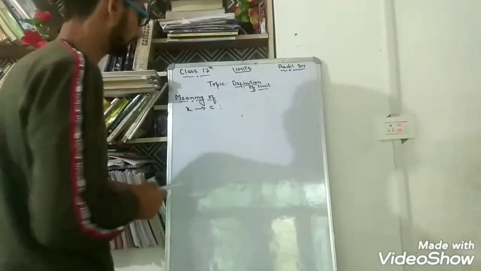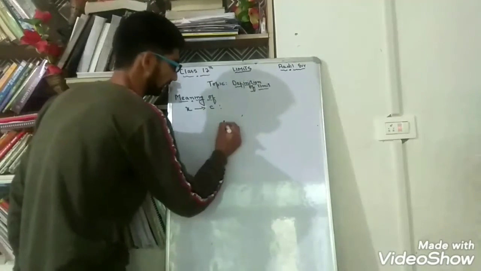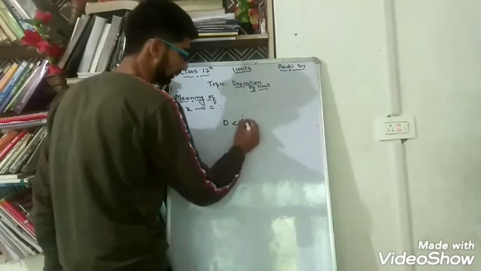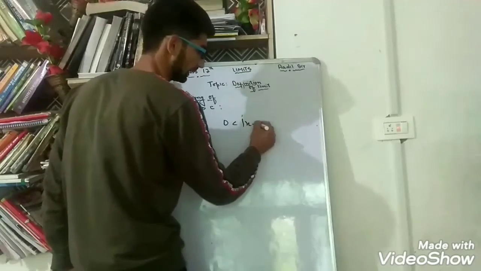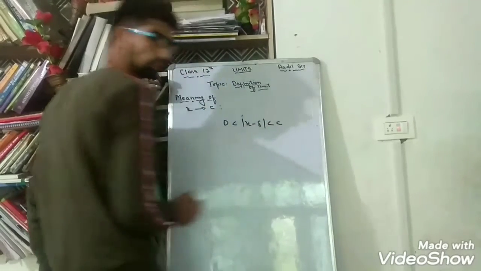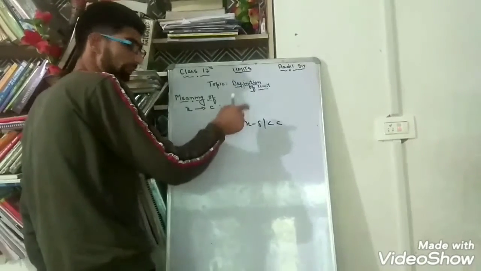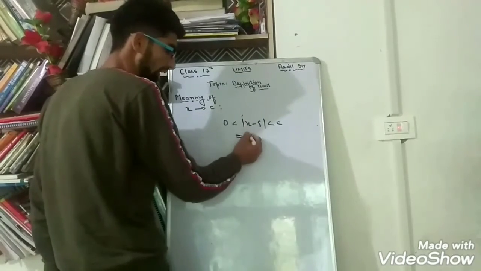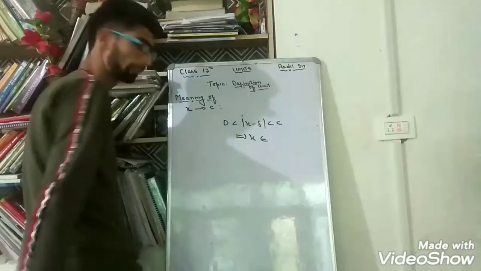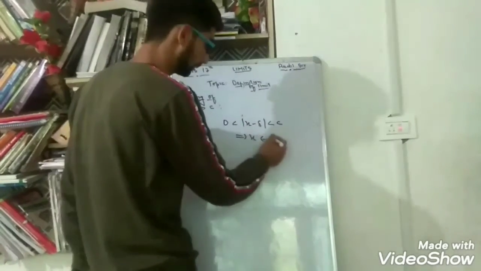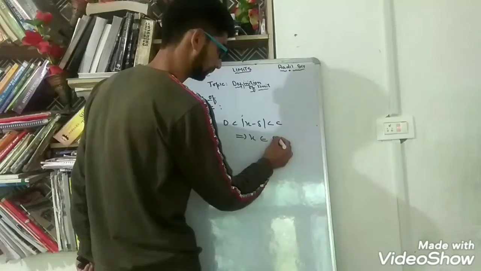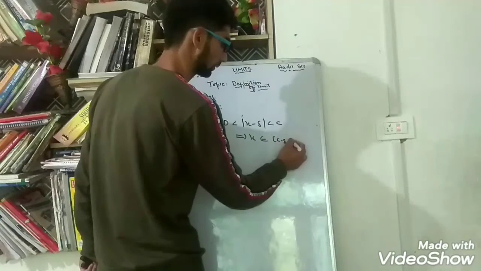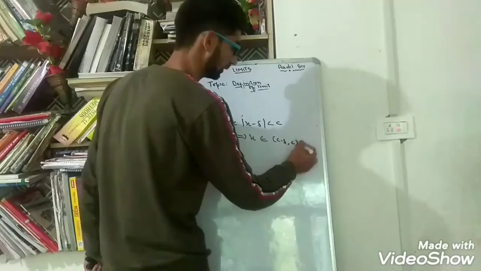First, 0 less than |x minus c| less than delta means x belongs to the deleted neighborhood of c.